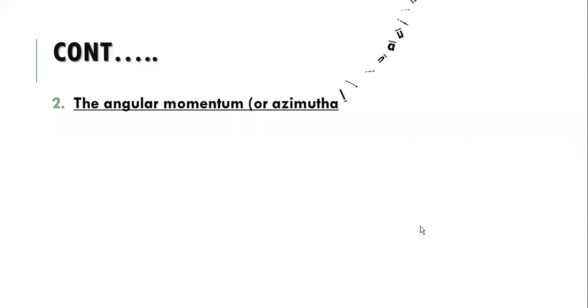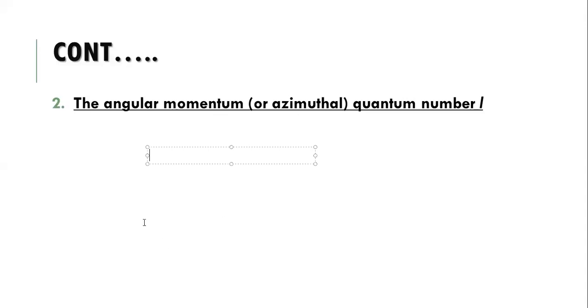Next we will go to the second quantum number, the angular momentum or azimuthal quantum number. The azimuthal quantum number is L. How can you define it? It can have an integral value, and you should be very careful about that. The integral value should be 0 to n minus 1.